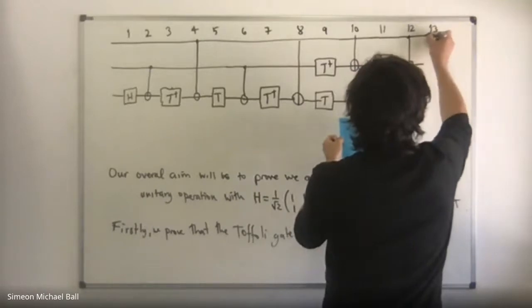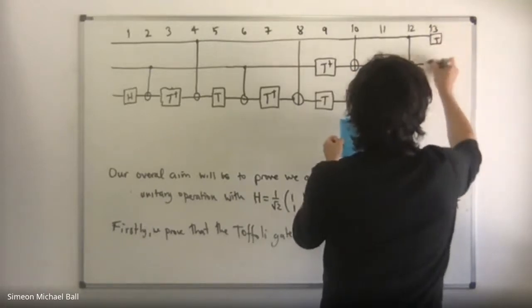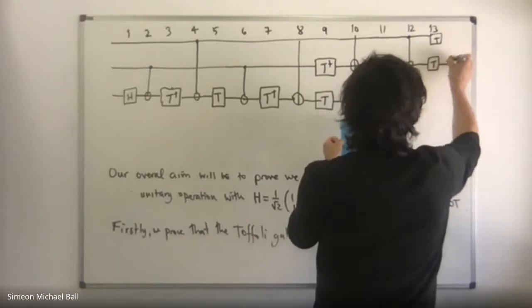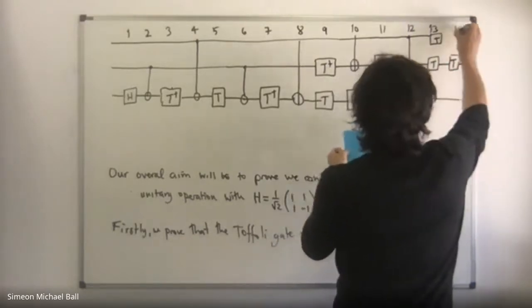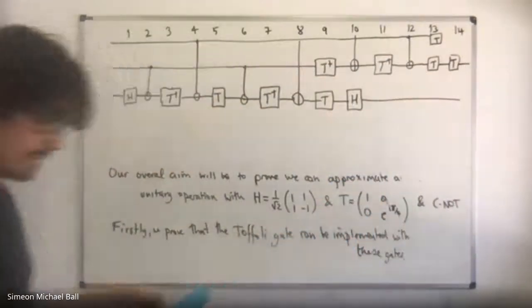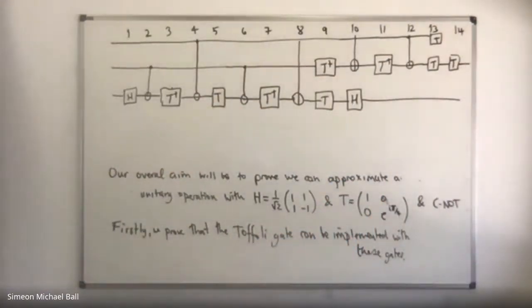Well, it's actually 14 because here we've got 2 T's. Now that, miraculously, implements the Toffoli. We've only got 8 things to check, but of course 8 times 14 is quite a lot. I don't particularly want to do that.